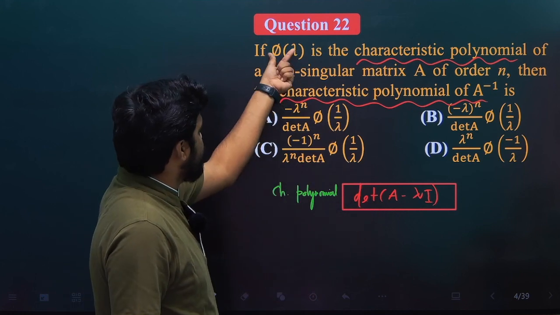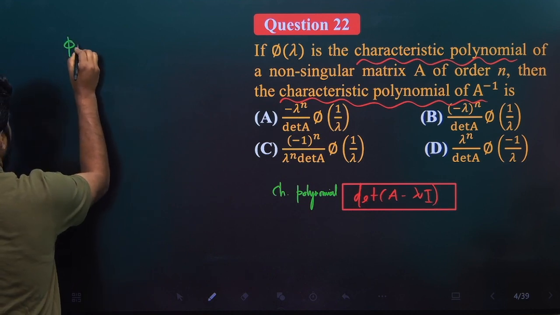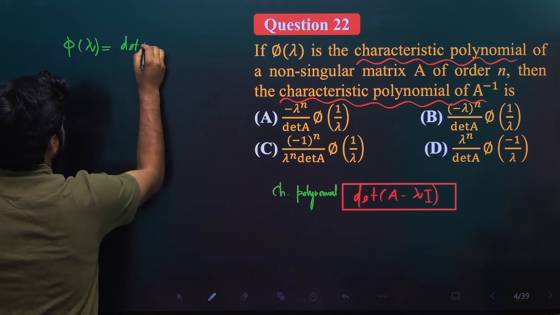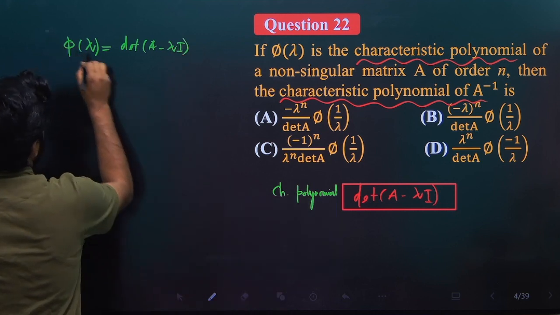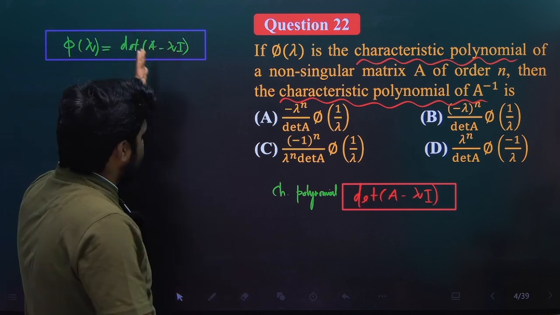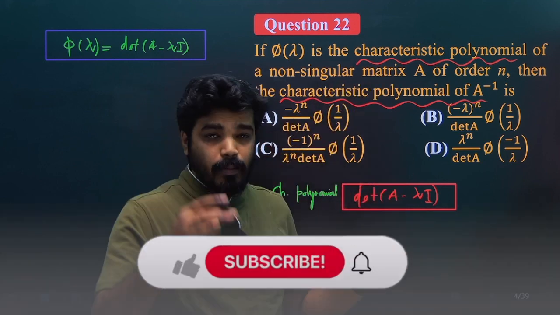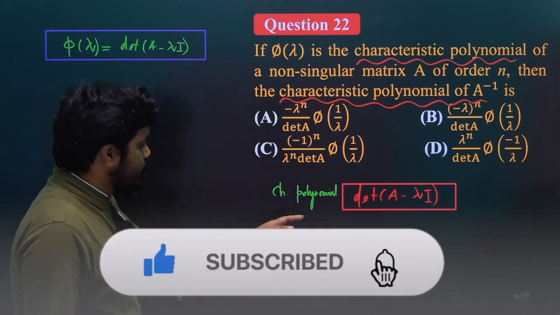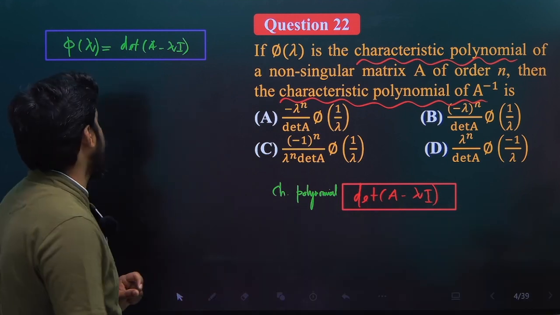That means here it is given that this is phi lambda. So basically what is given here is that phi lambda is determinant A minus lambda I, right? Determinant A minus lambda I is called the characteristic polynomial. If we expand A minus lambda I, we get a polynomial, and if the order of A is n, then the degree of the polynomial we get will be n, okay? With respect to which variable is the polynomial? With respect to lambda, the scalar. So we get a polynomial in lambda of degree n, right?